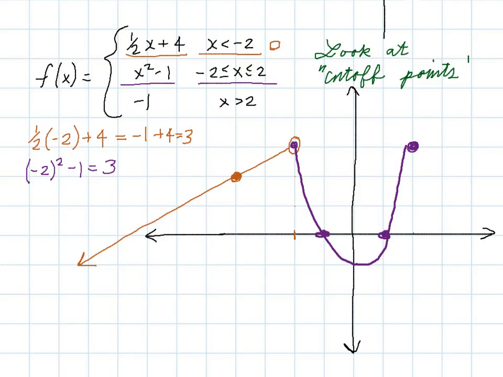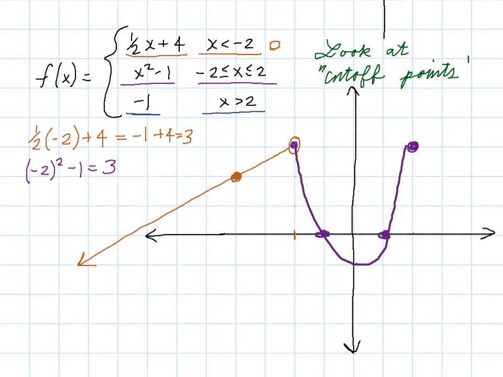Now I'm on the home stretch. I just need to do the constant function, this piece, which is the case for x greater than 2. You really always care about the cutoff points. If we plug in 2 into this function, does that do anything? There's nowhere to plug into, right?